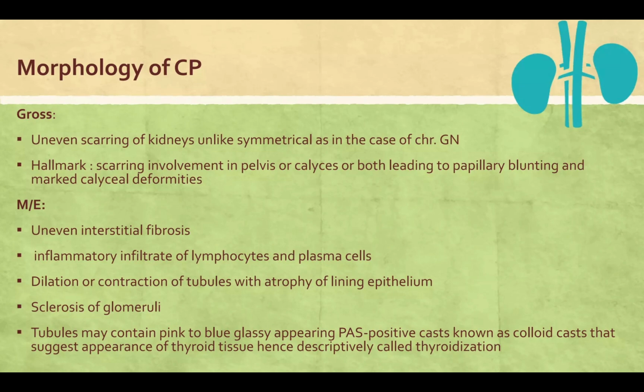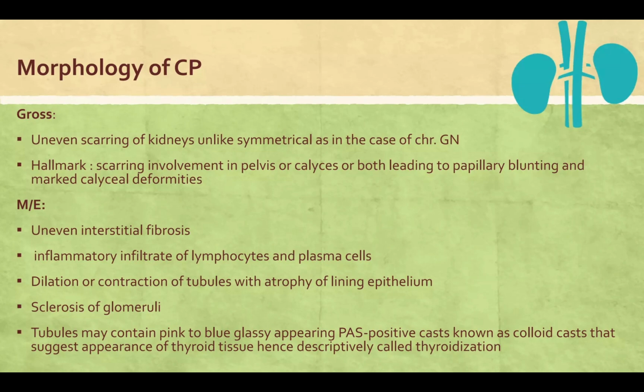The microscopic features are uneven interstitial fibrosis, and an inflammatory infiltrate of lymphocytes and plasma cells will accumulate. There is dilation or contraction of the tubules with atrophy of the lining epithelium.